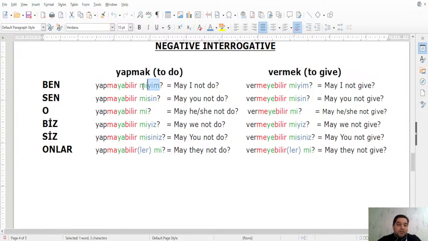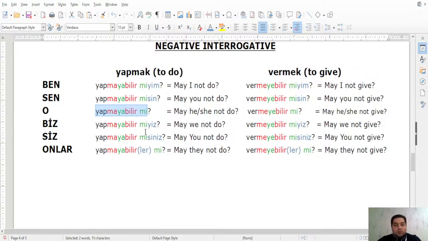Okay, and it's always mi because it's always bilir preceding it. So here, may I not do, which means what? Is there any possibility that I don't do, right? Yapmayabilir misin means, is there any possibility that you don't do it, right? Yapmayabilir mi? Is there any possibility that he or she doesn't do it?